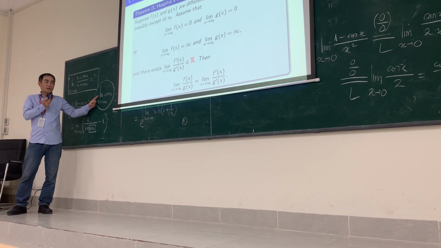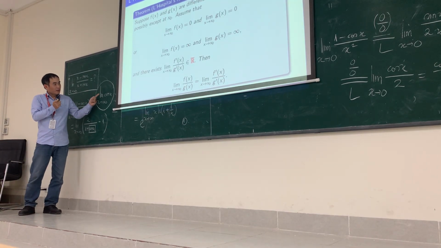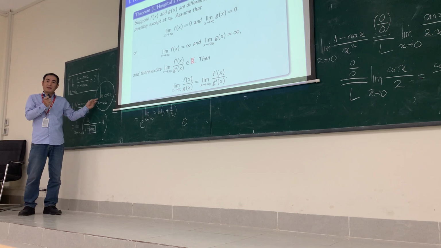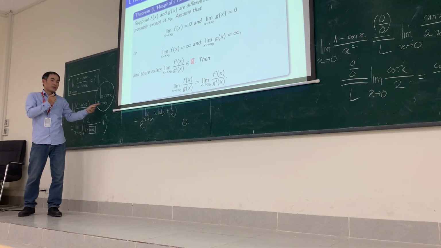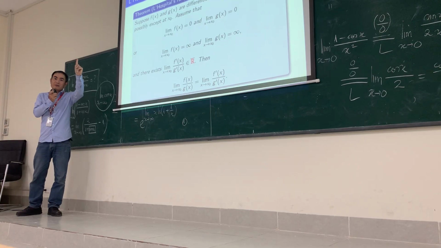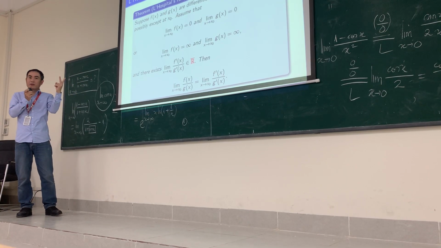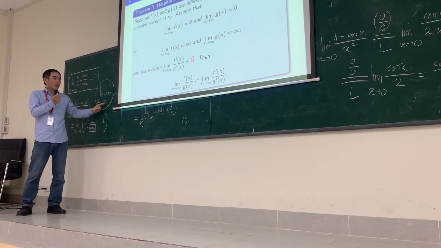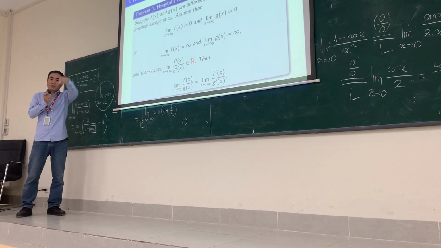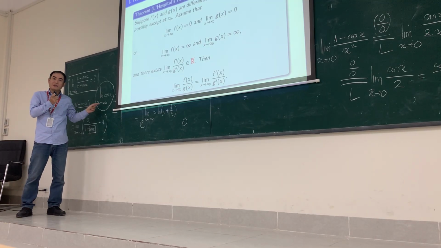Why? If the limit exists, then for any sequence tending to infinity, the function tends to only one limit. But if we take two sequences tending to infinity and the function tends to two different values, the limit doesn't exist.